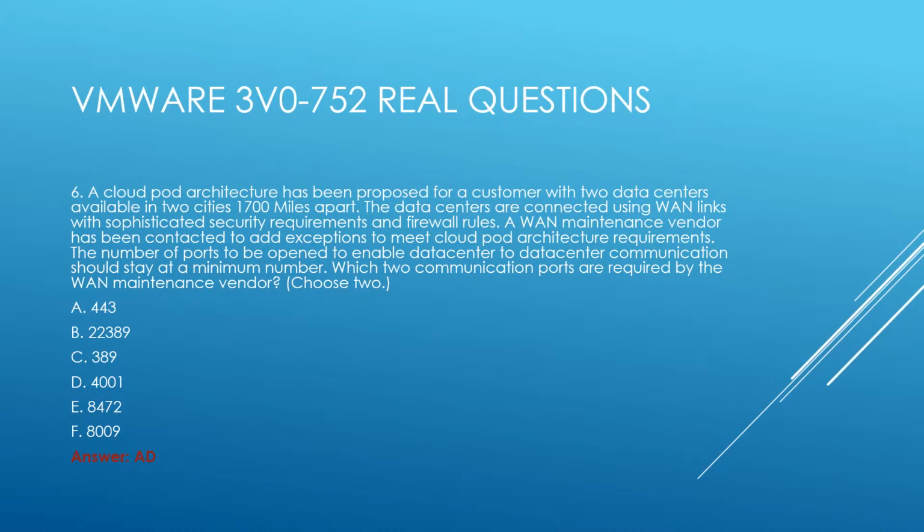Which two communication ports are required by the WAN maintenance vendor? Choose two. A. 443. B. 22389. C. 389. D. 4001. E. 8472. F. 8009. Answer: A.